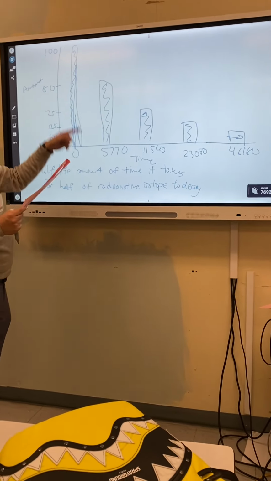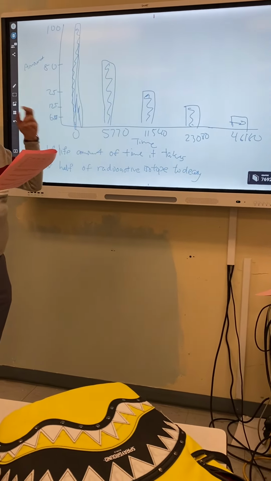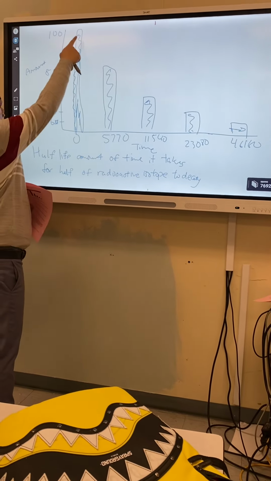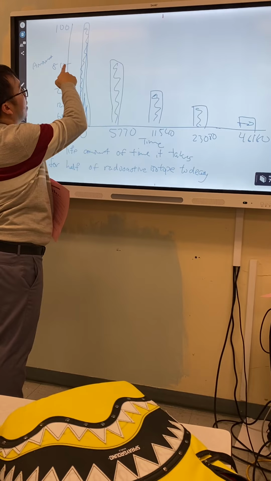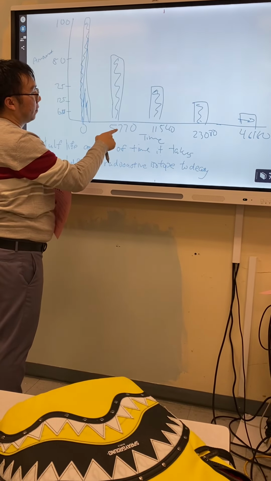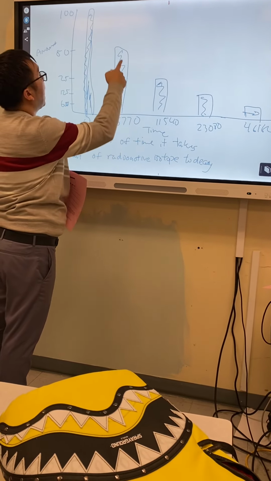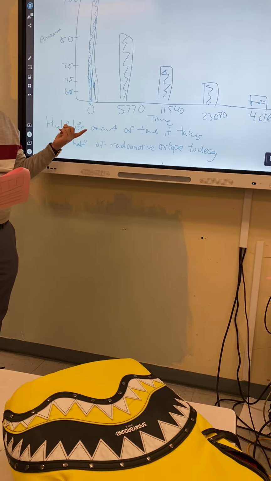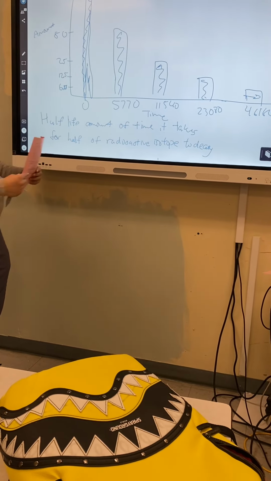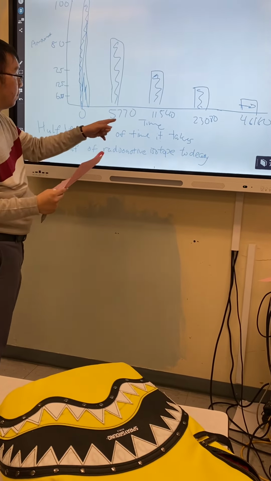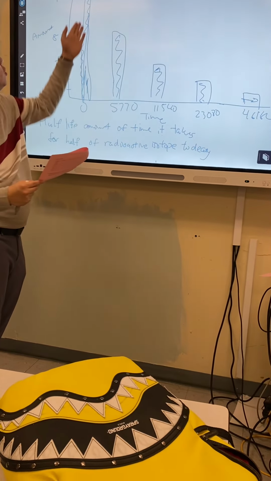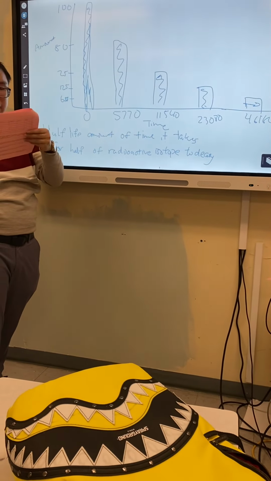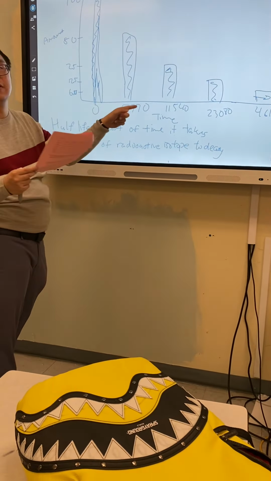Now at 50, how much time do we have? 5770. So at time 0 we had 100, but at amount 50, at time 5,770, we have 50%. So what is the half-life in this case? 5770, because it took 5,770 years to cut it in half. Does that make sense? Yeah. So question A is 5770.